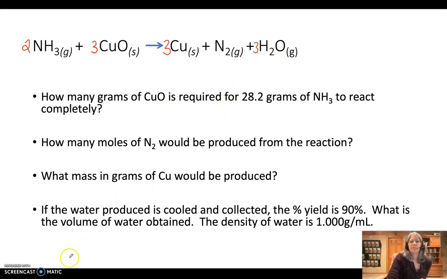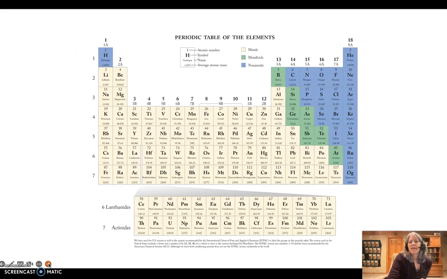And we're going to start simply with the first one and go one step at a time. But before we do that, the other thing that I like to do when I have stoichiometry is I like to make a note of the molar masses of the various elements that we have, because those are needed when we do stoichiometric calculations. And for that, we're going to need our periodic table.